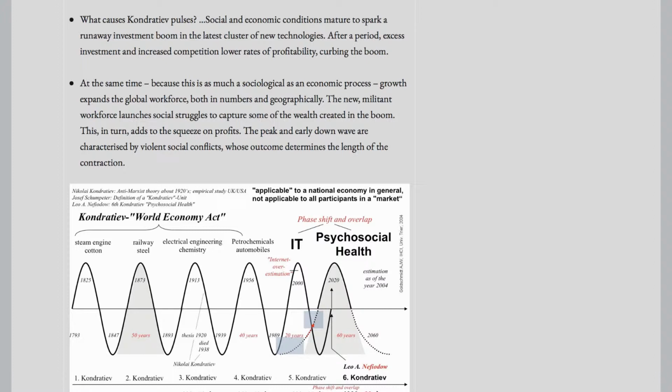The new militant workforce launches social struggles to capture some of the wealth created in the boom. This, in turn, adds to the squeeze on profits. The peak and early downwave are characterized by violent social conflicts, whose outcome determines the length of the contraction.